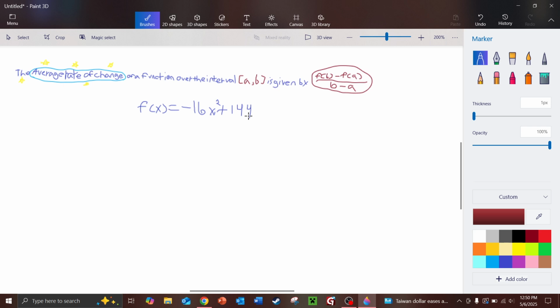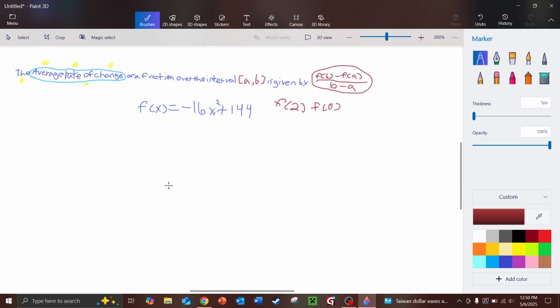Find f(2) and f(0). So it's pretty much f(2), f(0).